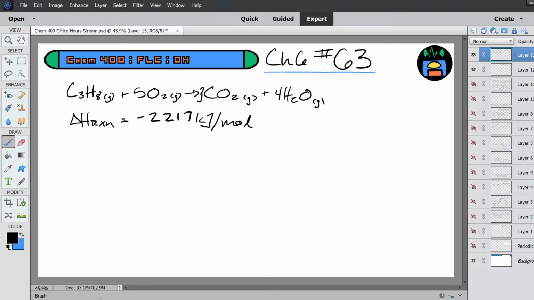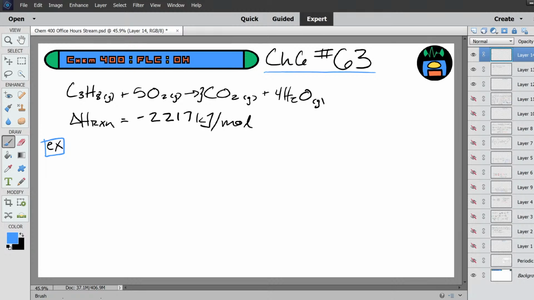Sometimes the book will print delta H as being kilojoules, but it's always per mole. All right, now here we get into the meat of the problem. No pun intended. I just turned the page and they're asking about a pork roast.